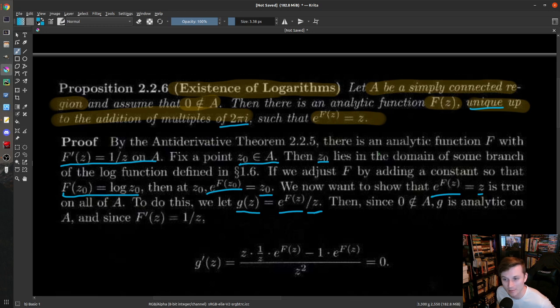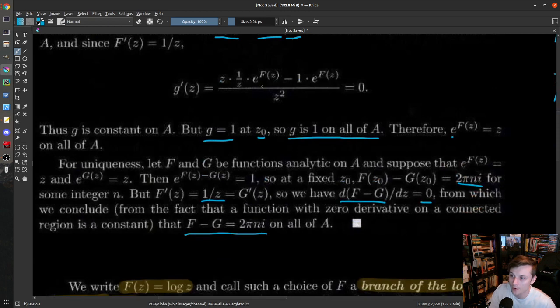Take e to the something, e to the ln, and get out the identity, right? And we could do this on certain domains before, but on more complicated domains, on more complicated sets, it was not as apparent that we could. And the answer that we get from this is that we can. We always still can. We haven't lost an important property.